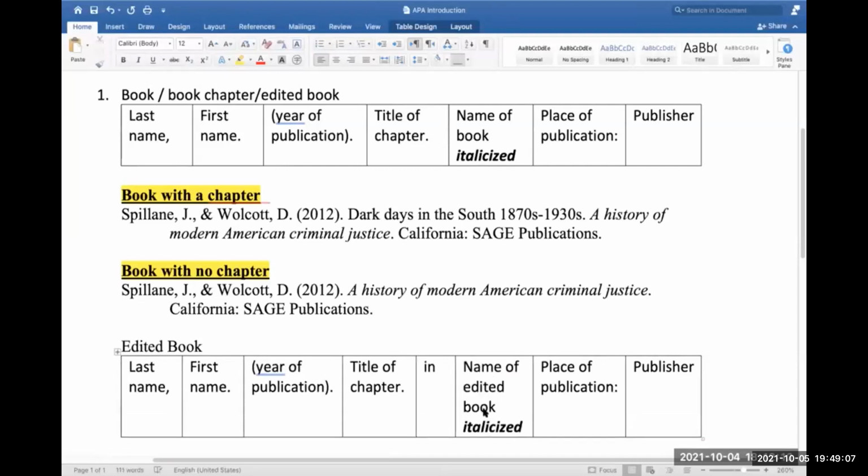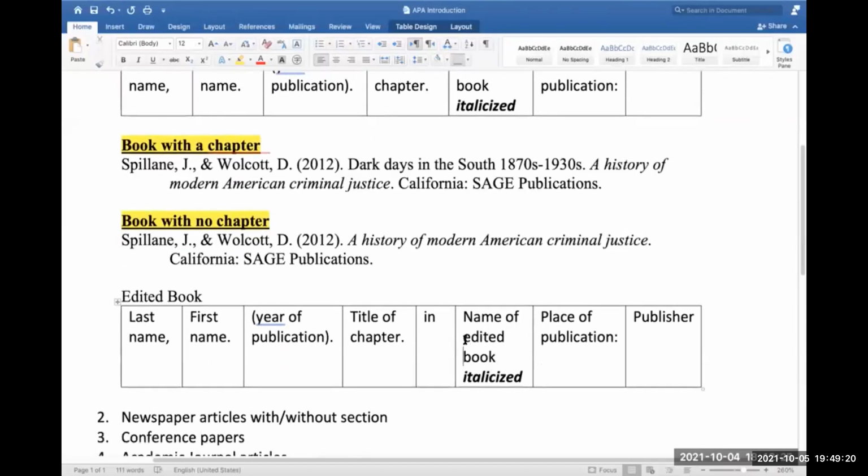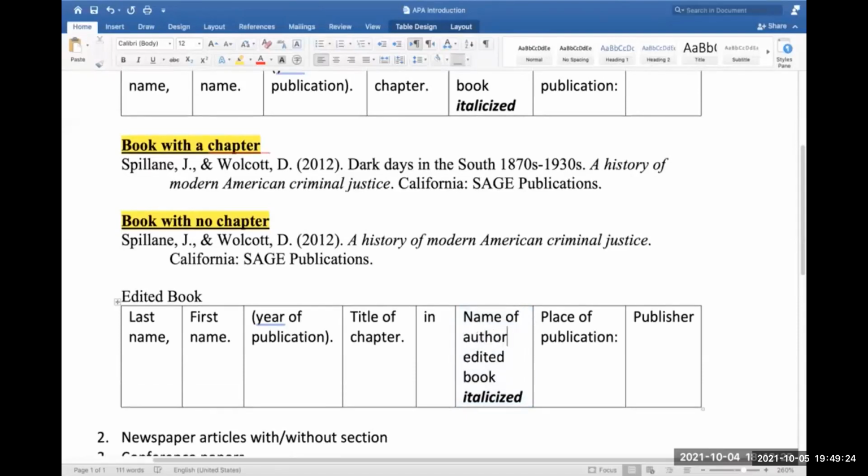Just reminding myself, people, because no lie. So it is in, then name of author. Let's say authors of edited book.